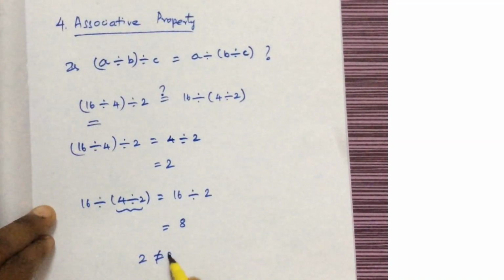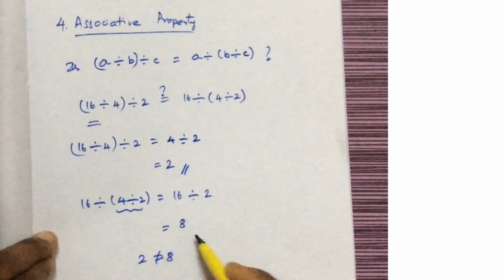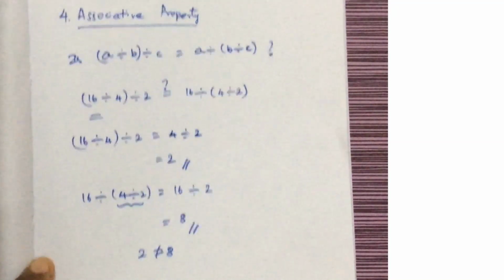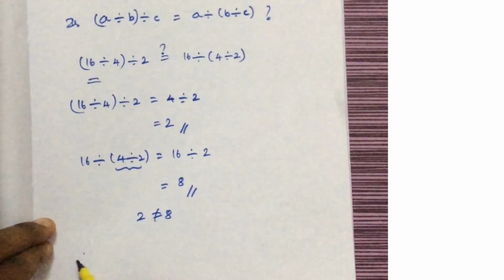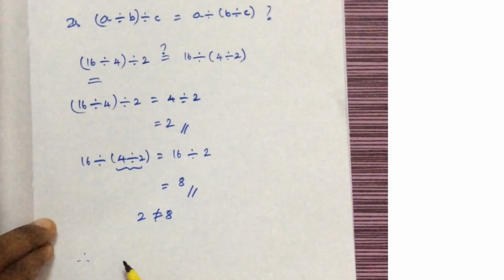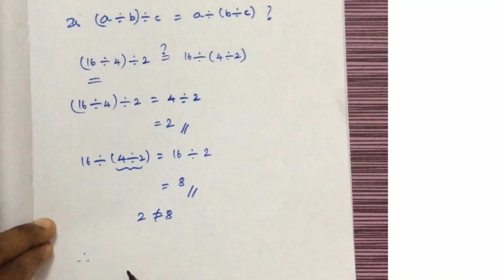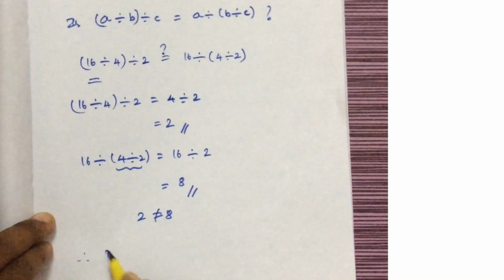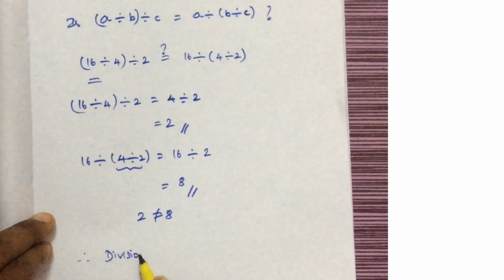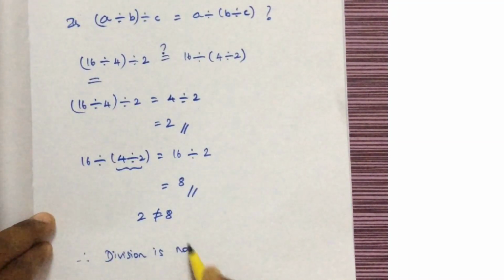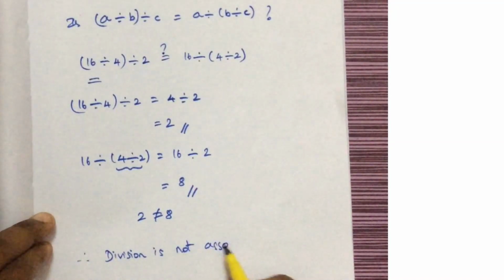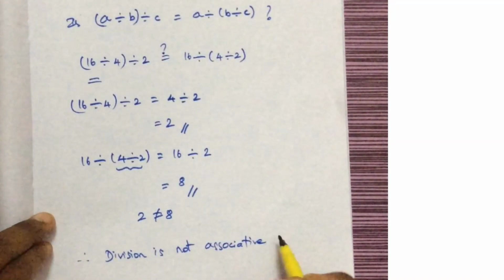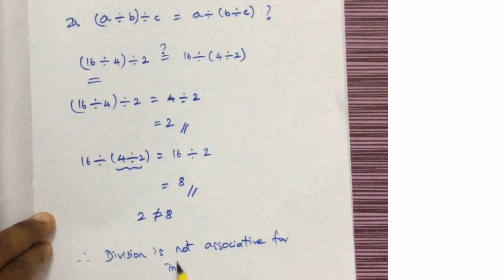So 2 is not equal to 8. Here the answer is 2, here the answer is 8. Therefore, division is not associative for integers.